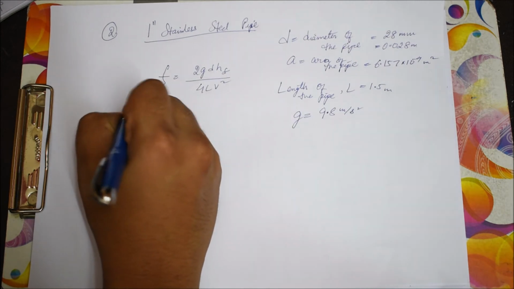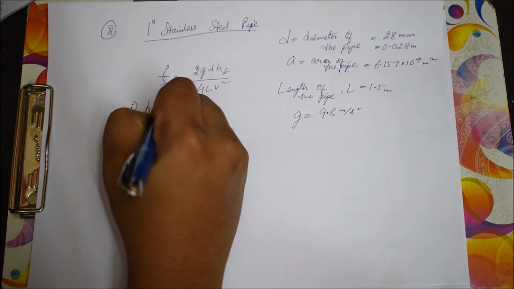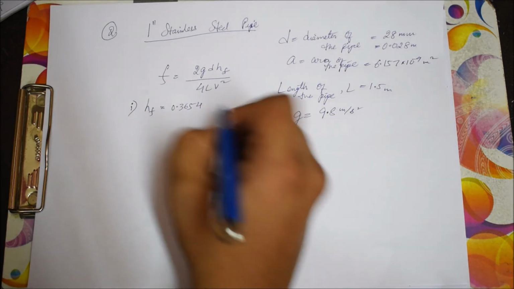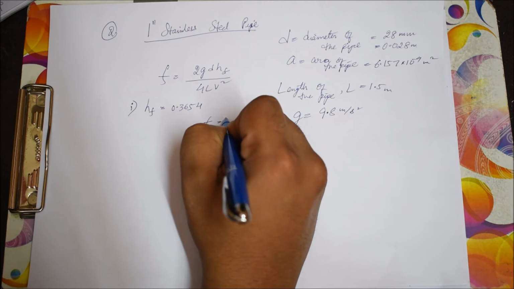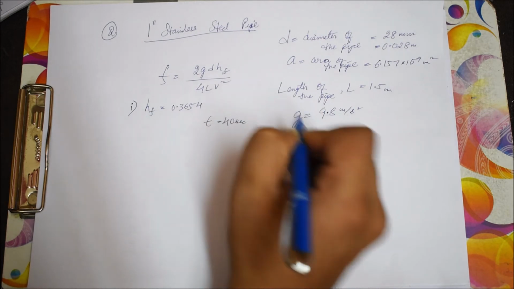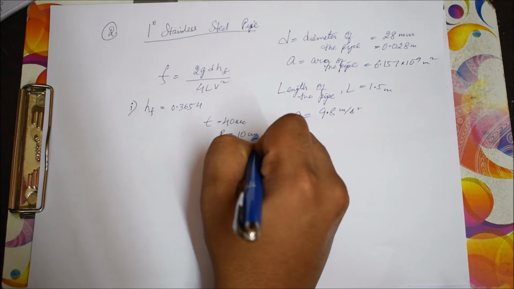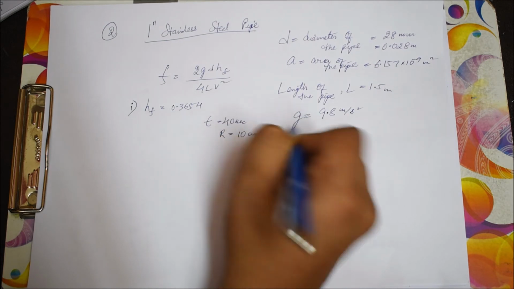Now for the first set of readings, HF is noted to be 0.3654, where time T is equal to 40 seconds for a 10 centimeter rise in water level, which is nothing but 0.1 meters.